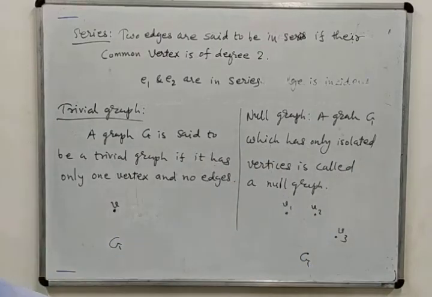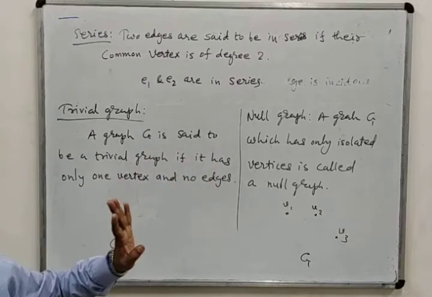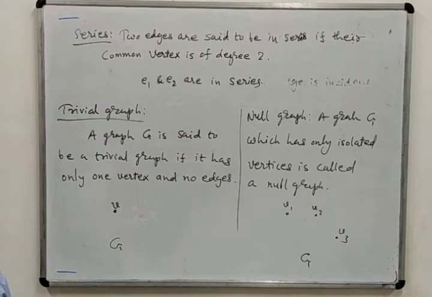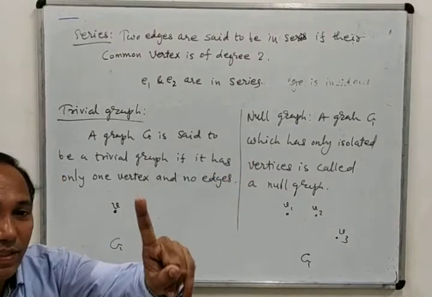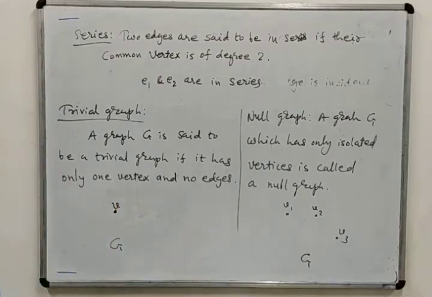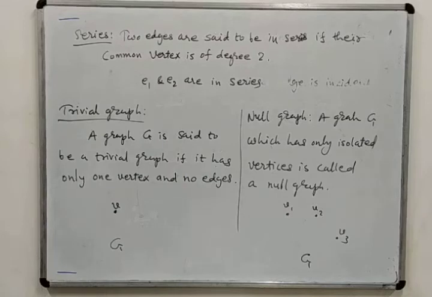That means we can say that trivial graphs are always null graphs, but null graphs may or may not be trivial graphs, because if a null graph contains only a single vertex, it is a trivial graph. But if there is more than one vertex, it is not a trivial graph. But a trivial graph is obviously a null graph. So you write down these definitions.